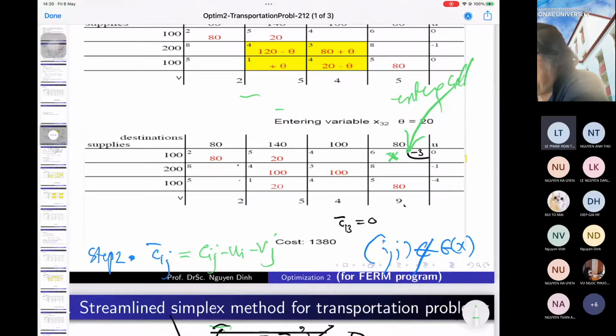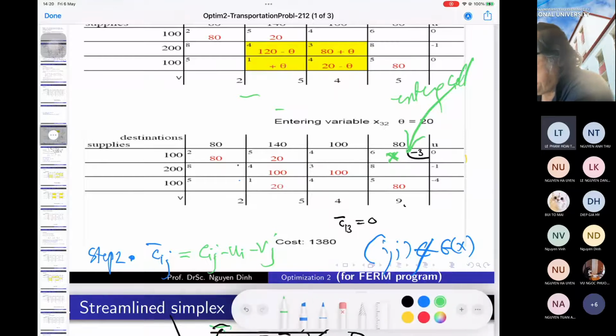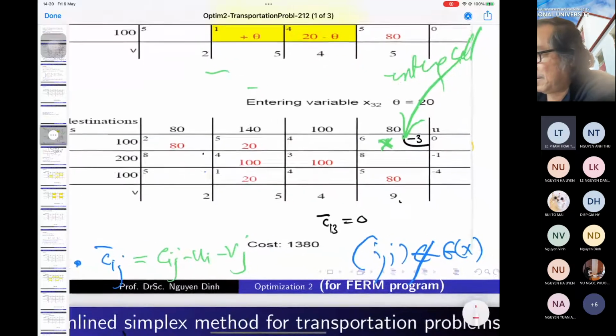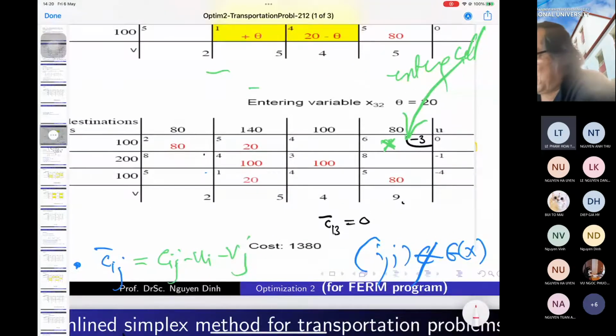What is a cycle? 1 4, that is the first cell.